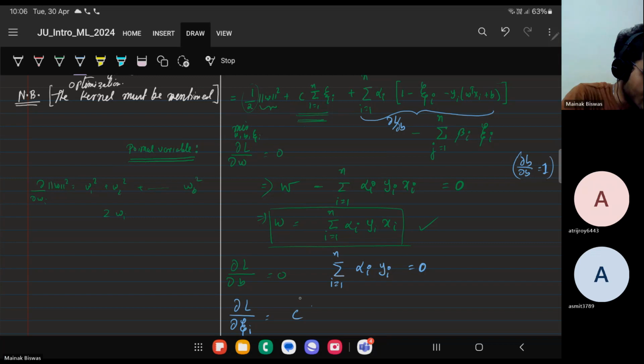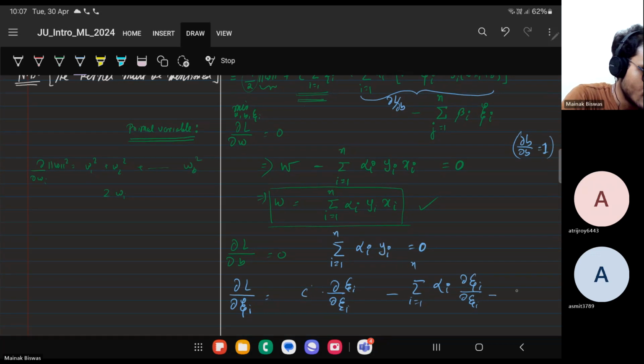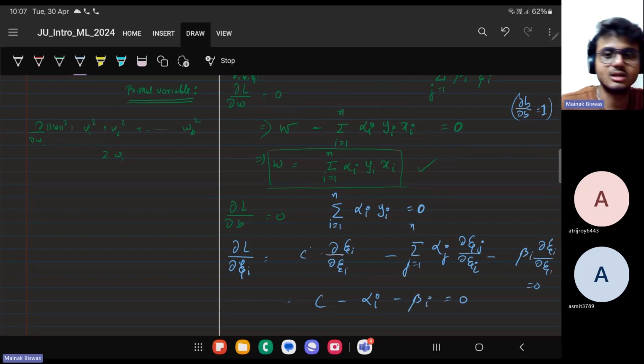C times d of xi I minus the summation over I equal to 1 to n of alpha I times d xi I, minus beta I d xi I, equal to 0, which is nothing but, these are all ones, C minus alpha I minus beta I equal to 0. Correct?